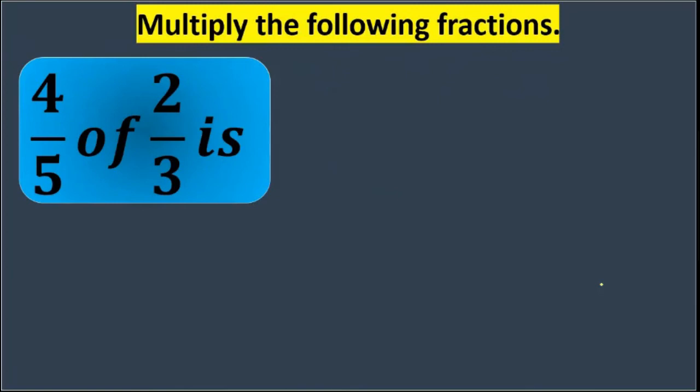Okay. Another example. How about this one? 4/5 of 2/3 is the application of multiplication. Now, it's the same procedure. When you see that, it means 4/5 times 2/3.